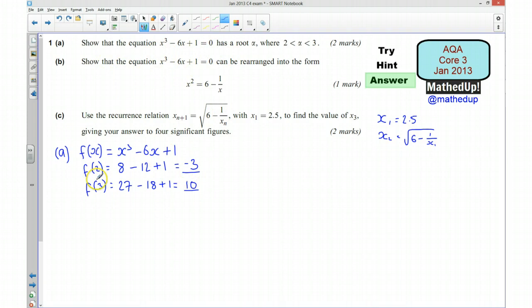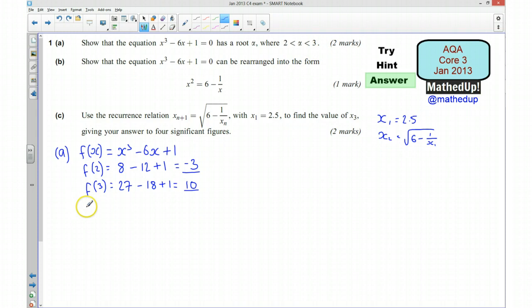When I put 2 into my function I get -3, and when I put 3 into my function I get 10. So that means that somewhere between 2 and 3 we must pass through 0, which means that there must be a root that lies between 2 and 3.